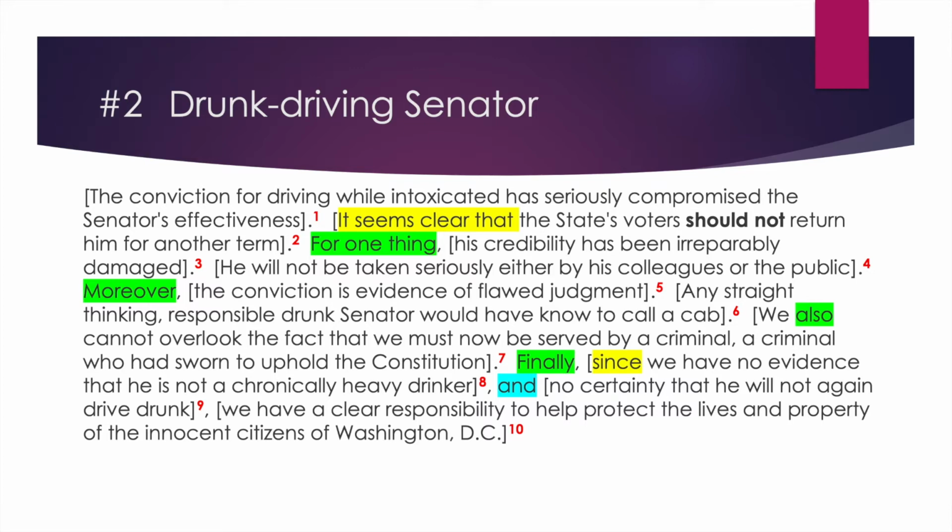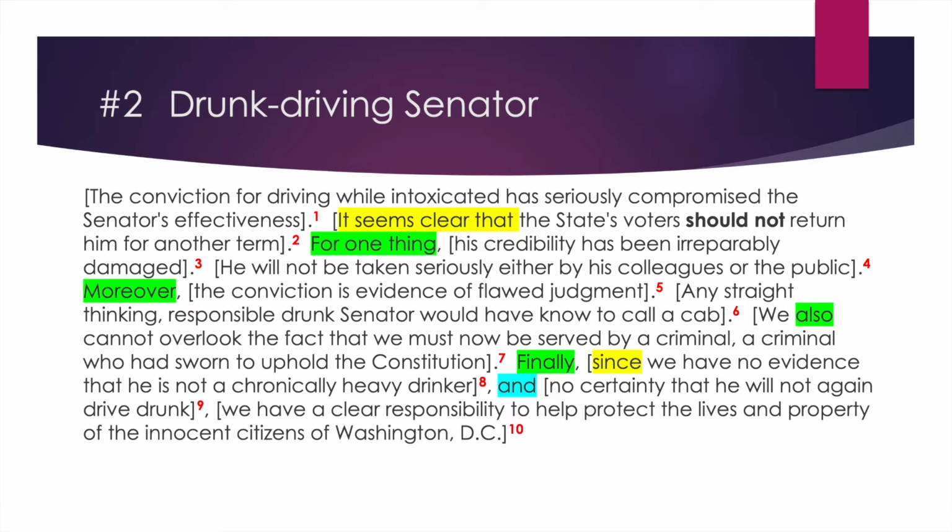Then we go on to the third sentence, and what I've marked here in green tells us we're probably beginning this argument by dividing it up into different lines of argument. For one thing tells us we're starting off with the first line of argument, right? So for one thing, that is, here's one reason why, or here's one series of reasons why the voters should not return him for another term.